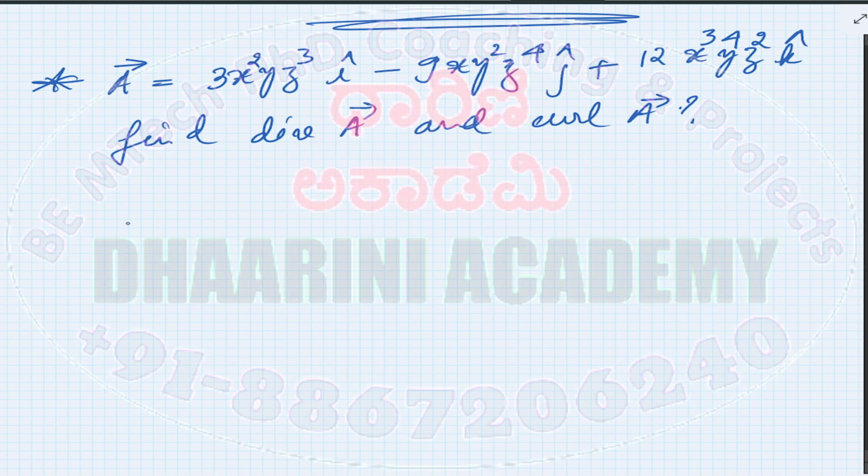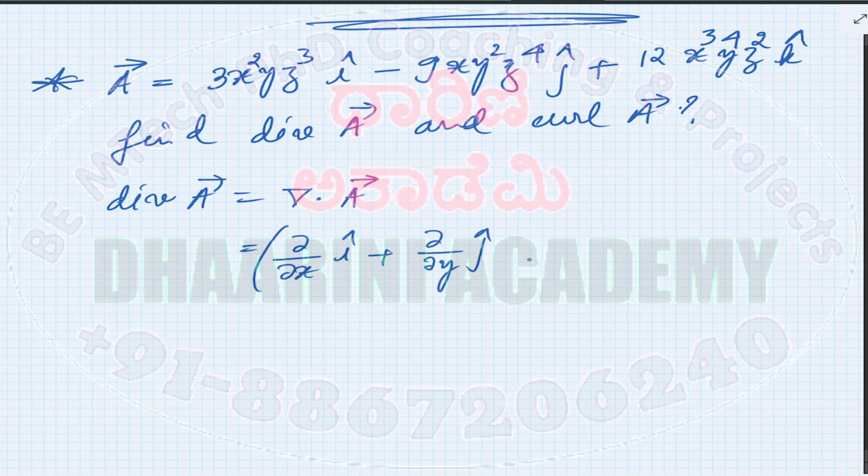So we know that the given A vector is as shown here. Now first I need to find the divergence of vector A, that is nothing but del dot A vector. So let's write the del first, that is ∂/∂x into i cap plus ∂/∂y into j cap plus ∂/∂z into k cap.